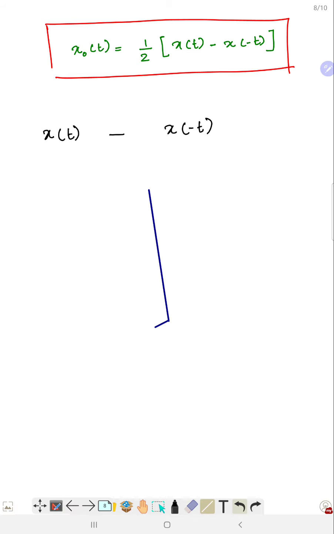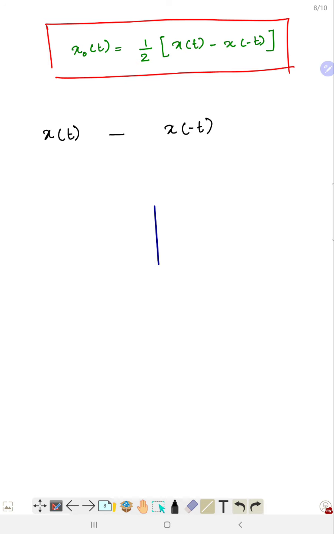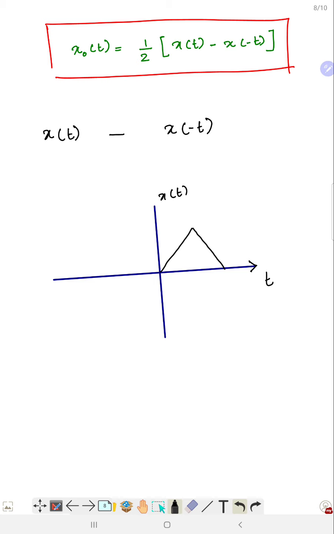Simple example. If I have a signal x of t and it is defined for positive time t, like this, say something like this. So this is x of t.